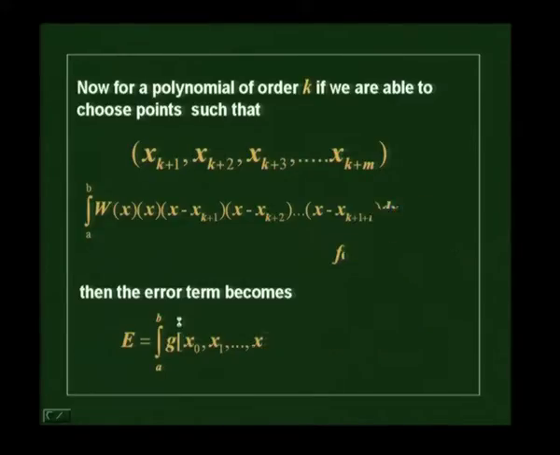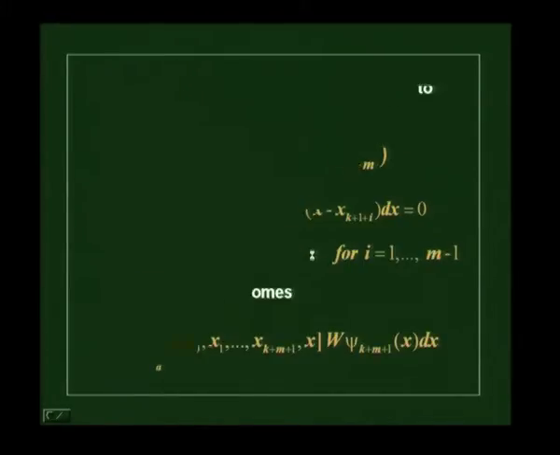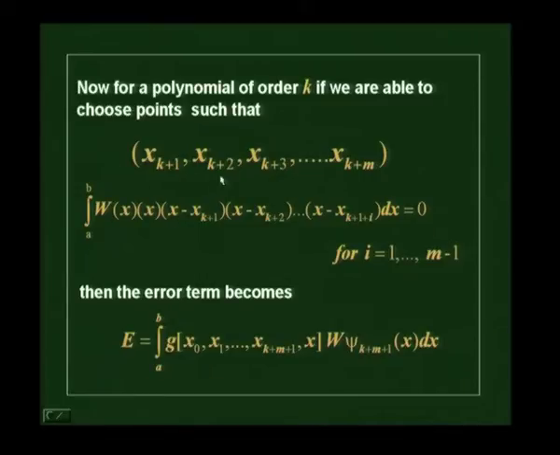That's the idea. So now the question is, how do we choose these points? The idea of Gaussian integration, or Gaussian methods, is to provide a method of choosing these points, x k plus 1, k plus 2, up to k plus m, such that we have an accuracy of that order. That is what we call the Gaussian method. Otherwise, it's not very different from what we have done earlier.